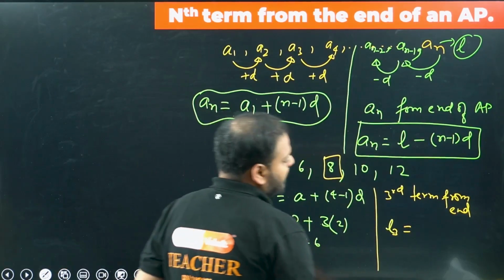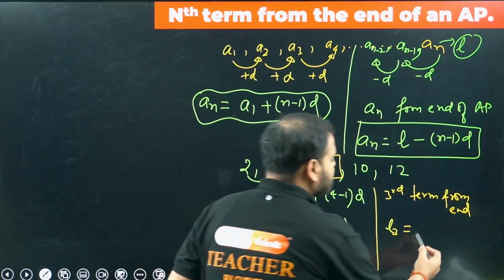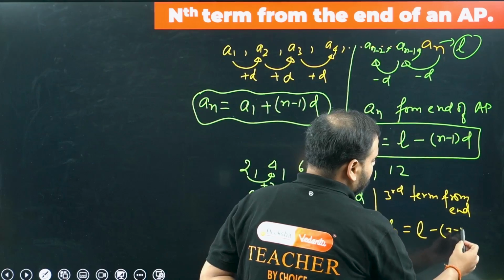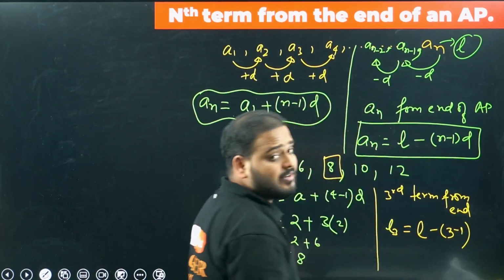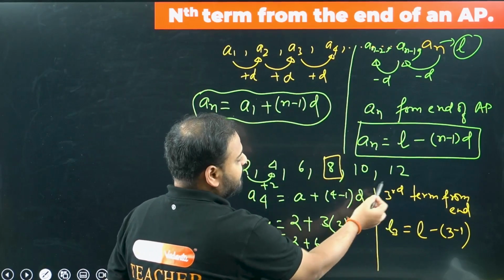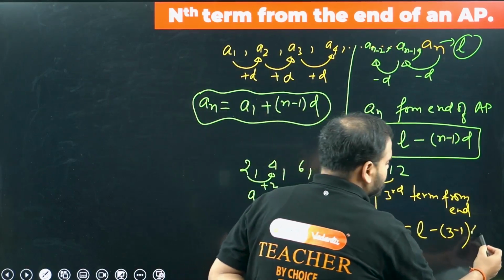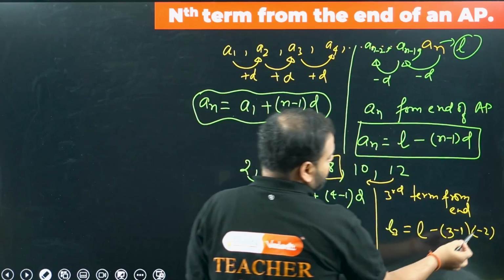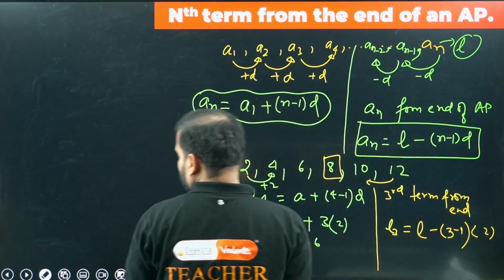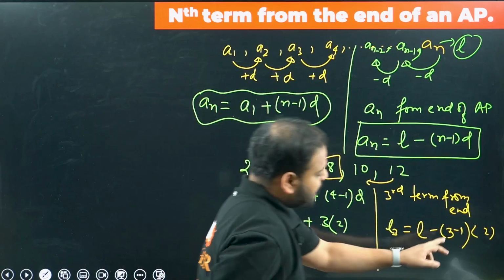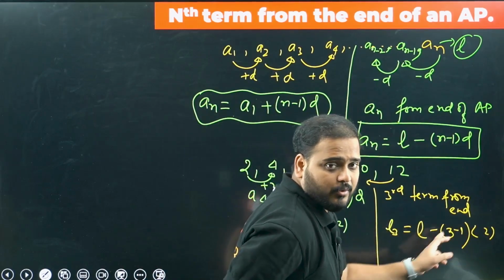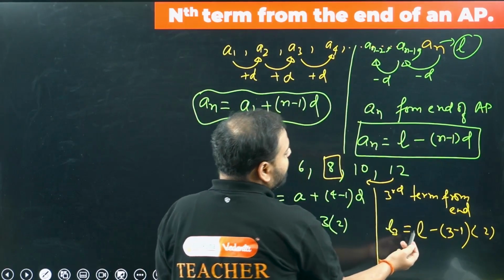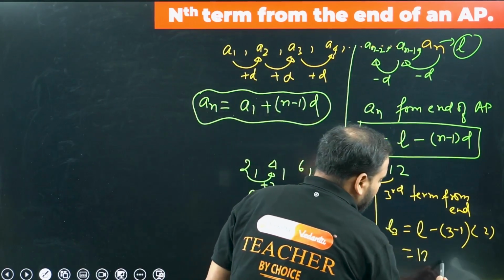L, the last term, minus 3 minus 1 times D. What is D now in this case? You have to take the negative, right? From here to here is minus 2. I've already taken the minus sign over here, so I've already taken the minus 2. Once I take this as minus, the 2 is actually minus. That's how it becomes minus. So I'll not take minus again. What is L going to be? L is going to be 12. I hope this is clear, right?